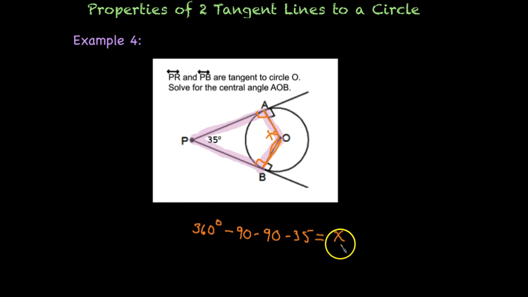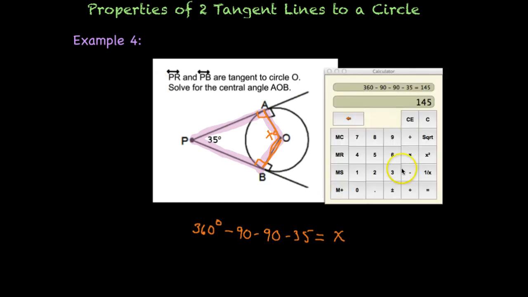Whatever's left will be x. When we do the math, we get 145 degrees. And we can check that answer by taking 145 plus 90 plus 35 plus 90, and we should still get 360 degrees.